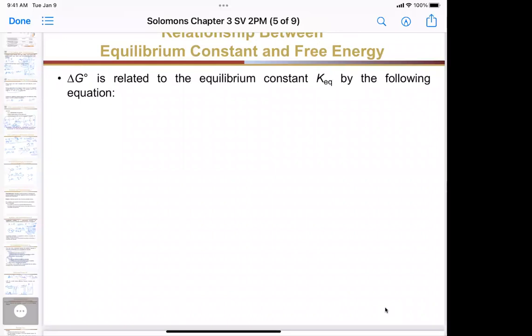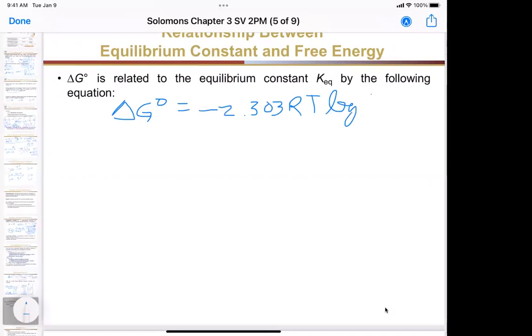And if we change this up a little bit, we can actually relate our Gibbs free energy. The change in Gibbs free energy is equal to a constant minus 2.303 RT log equilibrium constant.